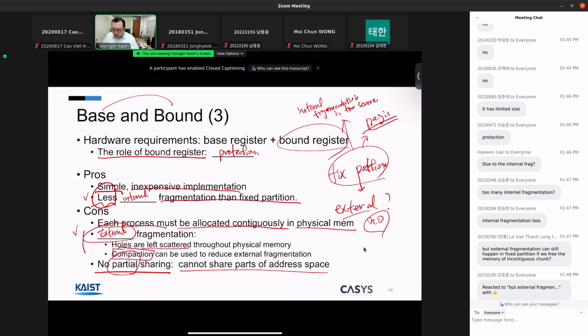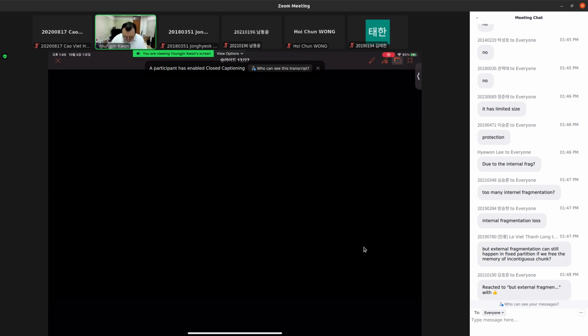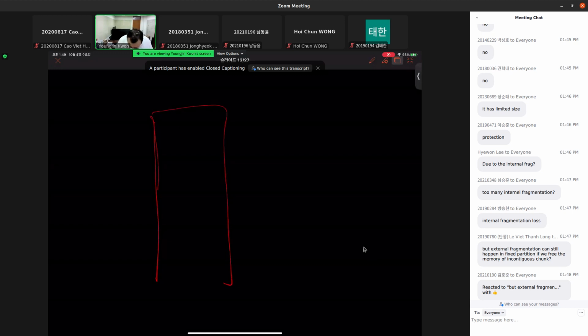The question: can external fragmentation still happen in fixed partition, even if there is a free contiguous chunk of memory? Okay, a good question. Let's talk about that. One more clarification. Let's say this is a location: partition one, partition two. Your application frees some part of that.